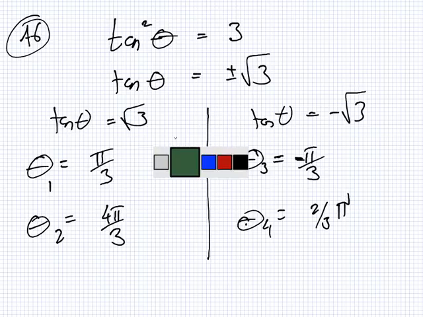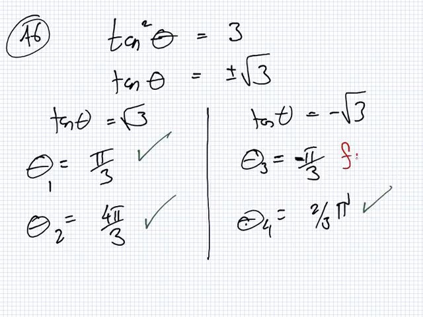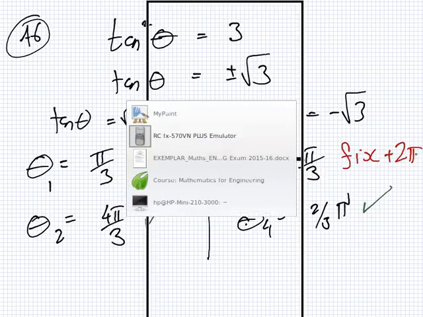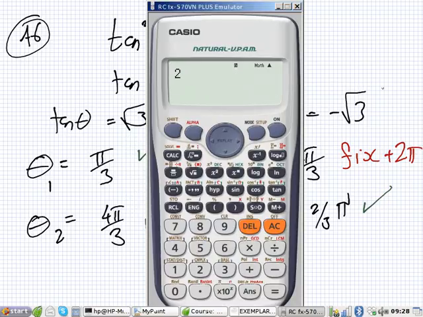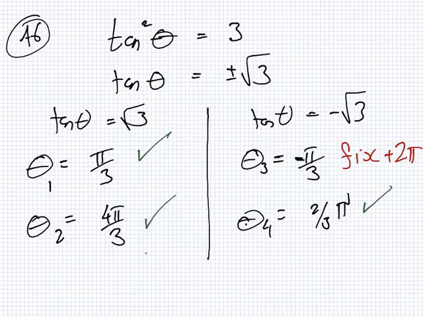No, okay, you need to fix it by adding 2 pi. So 2 pi added on to minus pi over 3, and you get 5 pi over 3.